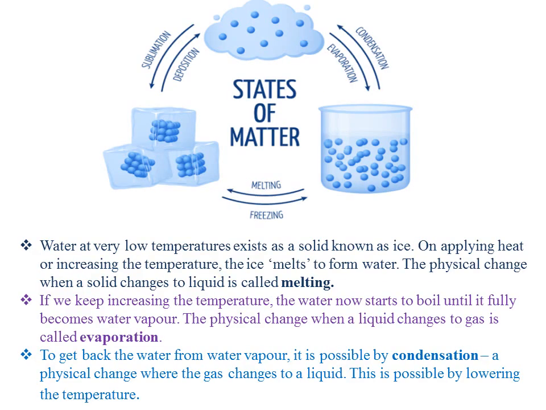Here you can see the picture of the states of matter: solid, liquid, and gas. As we know, the molecules that make up a solid are arranged in a regular, repeating pattern, and they are held firmly in place but can vibrate within a limited area.